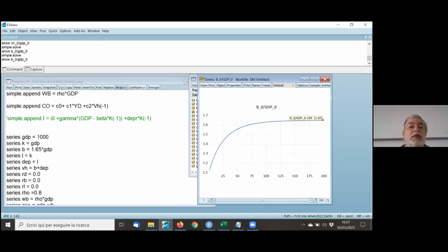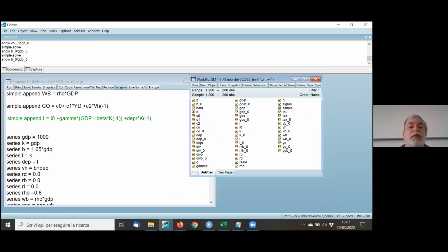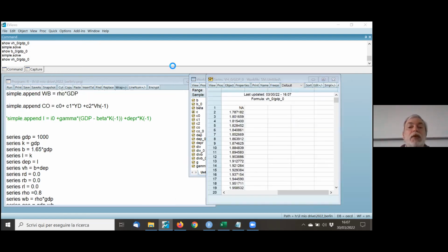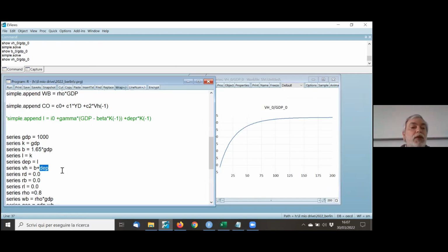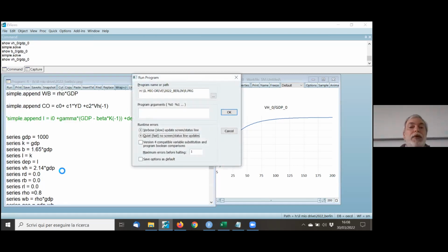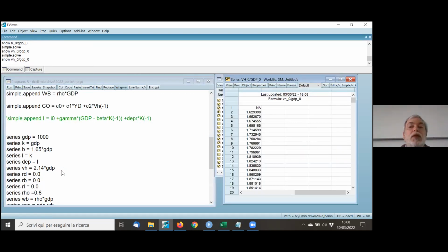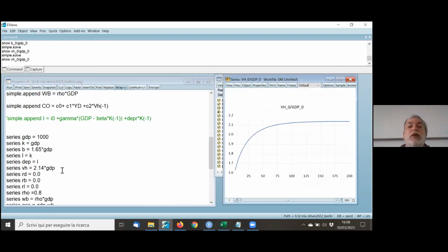To increase tau and the tax rate. The tax rate, yeah, maybe it will converge more quickly. And this is 2.14. It still needs to start from a smaller value, and then it's always converging to the same values now.